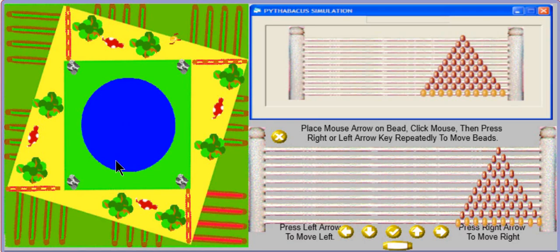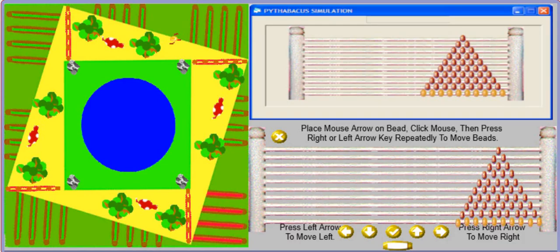So let's designate the shorter side of the rectangle A, and the longer side, B. Shorter side, longer side, shorter side, longer side, shorter side, longer side.